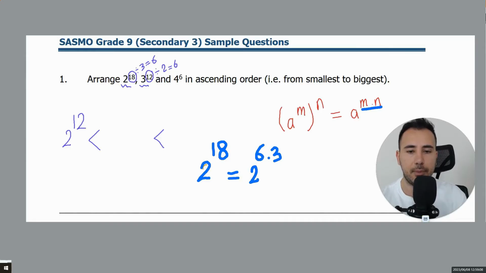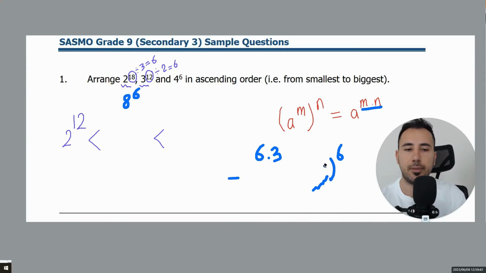And then I could write this as 2 to the power of 3, to the power of 6. That means our m was 3, n was 6. So now one of the numbers is going to be like this, and 2 to the 3rd power is 8. So this number is going to be the same as 8 to the 6th power.